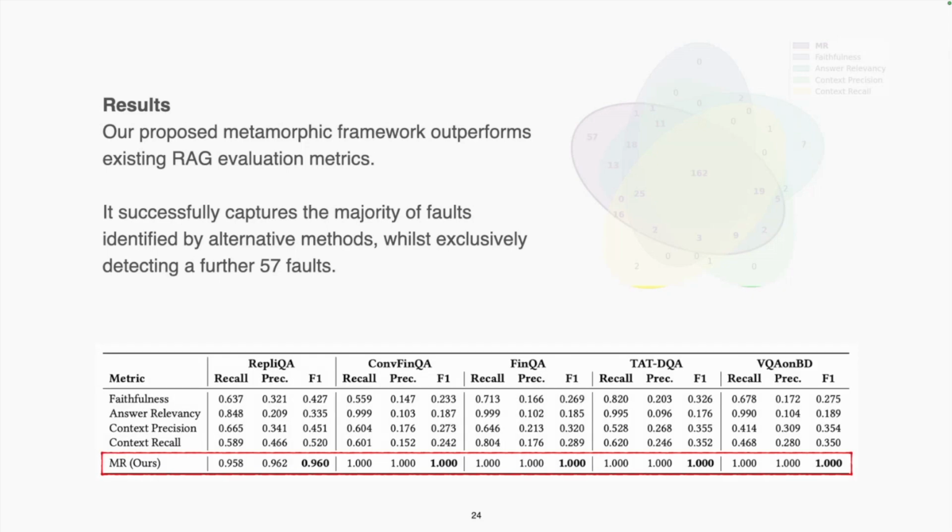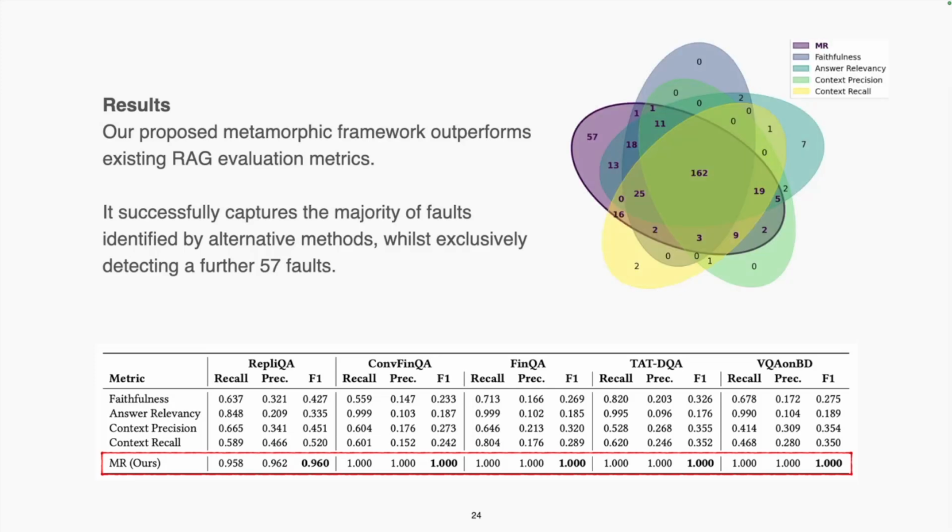This is a comparison to the RAGAS metrics, and RAGAS metrics cannot capture such document changes or evolution. But you see in the last row, which is our metamorphic relationship, it usually achieves very high precision and recall. For example, in this Venn diagram, in the purple circle, you can see that our metamorphic relationship framework can detect some exclusive faults as well.